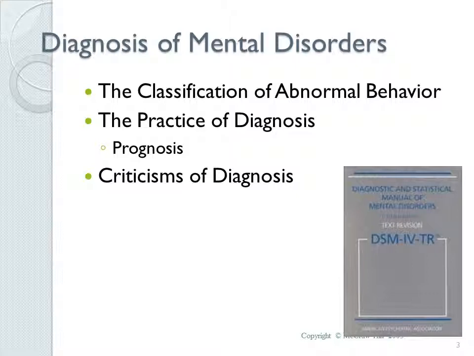If you've ever heard of something called a self-fulfilling prophecy, let's say that we have a small child and we say to this child, okay, I am going to diagnose you, I'm going to label you as having a learning disability. And then the child starts to internalize or take on that label, saying, well, I don't have to try hard in school because I have a learning disability, so I'm never going to get it anyway.